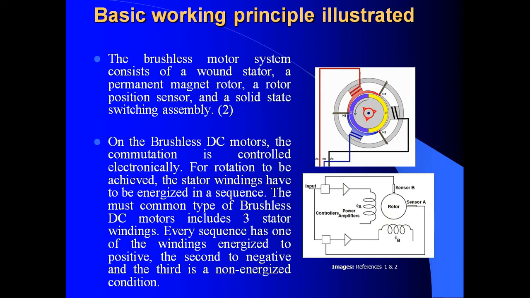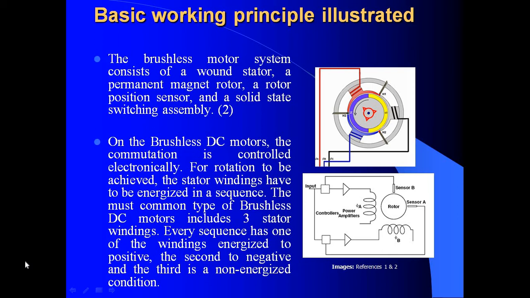Basic working principle illustrated. The brushless motor system consists of a wound stator, a permanent magnet rotor, a rotor position sensor, and a solid state switching assembly. In the brushless DC motor, the commutation is controlled electrically for rotation to be achieved.